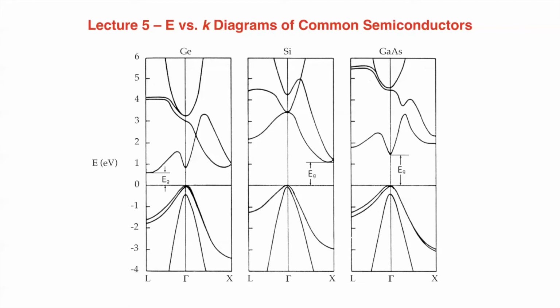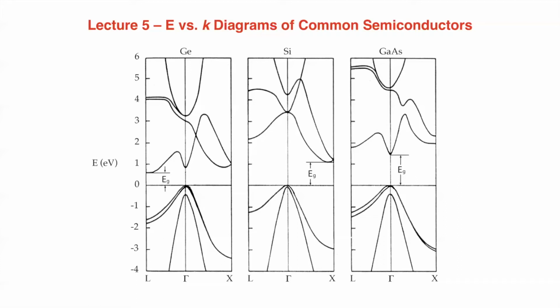The band gap labeled there with EG occurs at the same value of momentum in the gallium arsenide case. Silicon and germanium are neither of them direct. Both are indirect because the bottom of the conduction band is at a different value of K than the top of the valence band.